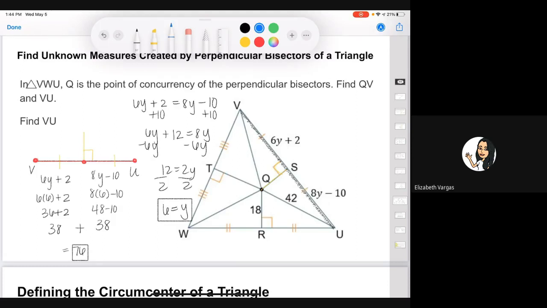Okay, so in this one, the first thing you want to identify is what side do I need to identify? Then identify that it is split into two congruent halves. That's what those symbols represent by that perpendicular bisector. And so therefore I can equal those together and find y. And then I can plug y back in to find my entire distance of v to u.